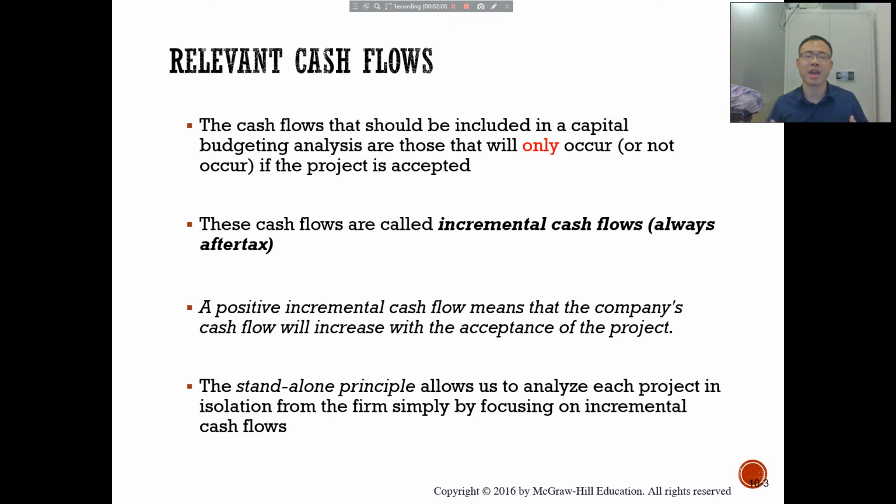For example, if I want to decide whether to rent a shop to sell women's clothes, and I haven't rented the shop, the rent, the cash outflow, is the cash flow that will only occur if my project is accepted.